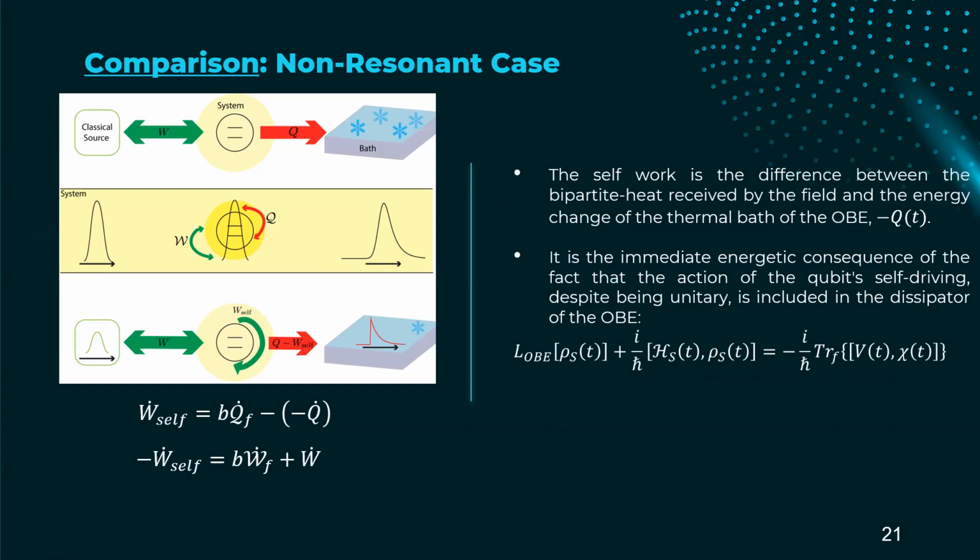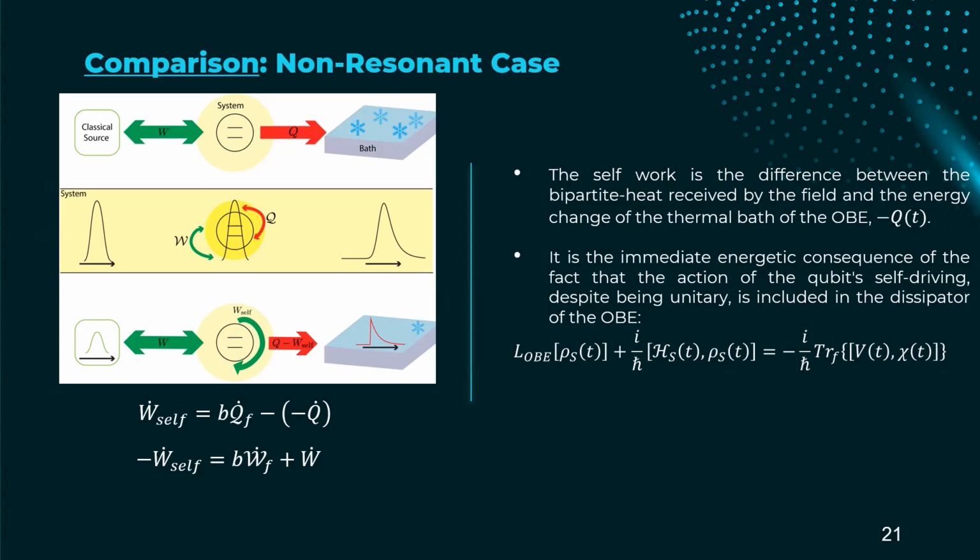Yes. So another point of difference that comes is, of course, on the definitions of the work and the heat. So here, the self-work is the difference between the bipartite heat of the field and the energy change of the bath. That's the minus Q. Okay, or the thermal part of the field. So this is how in the non-resonant case the self-work is interpreted.